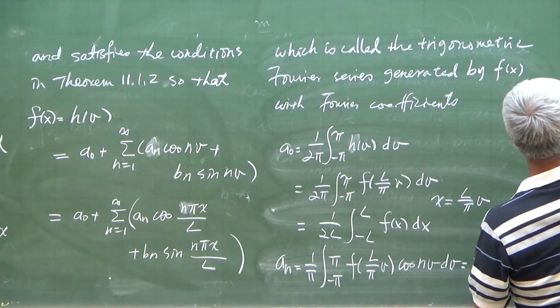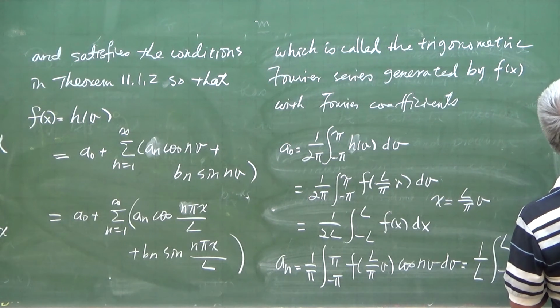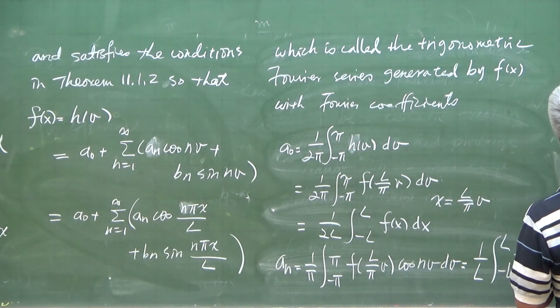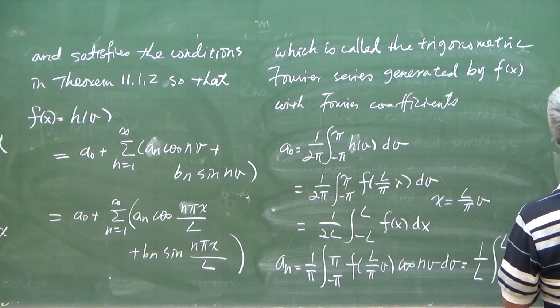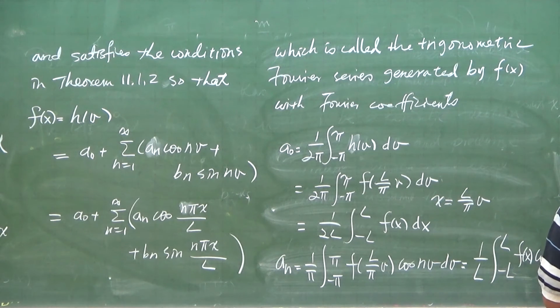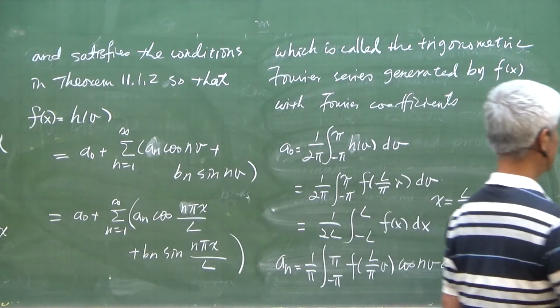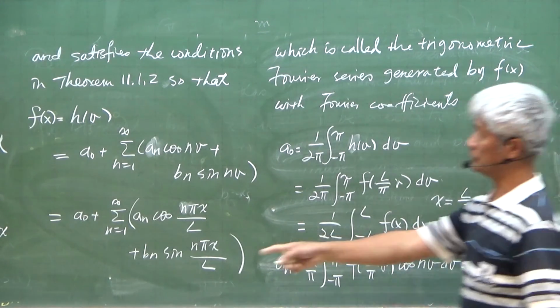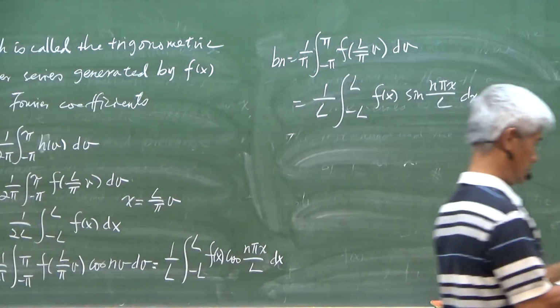And bn. Okay, so we can obtain the coefficients directly from f of x without the transformation to h of v. Not necessary, right?